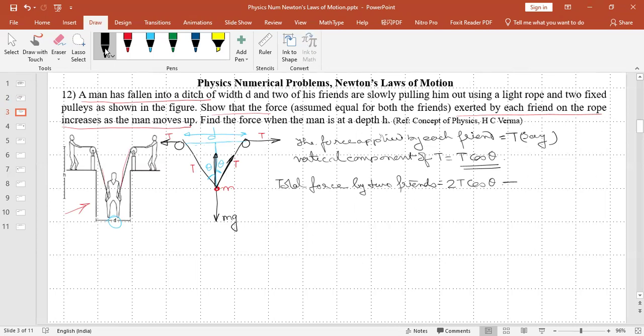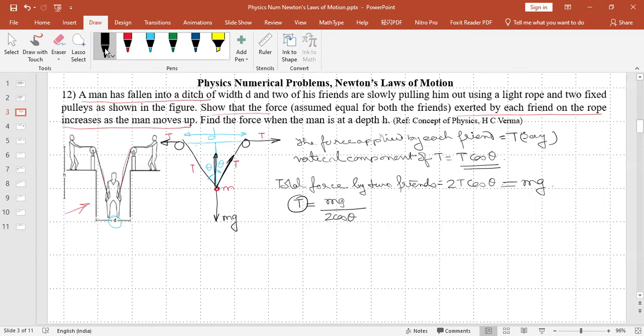So 2T cos theta equals mg. From here we find T equals mg divided by 2 cos theta. So the force exerted by each friend is equal to mg by 2 cos theta.